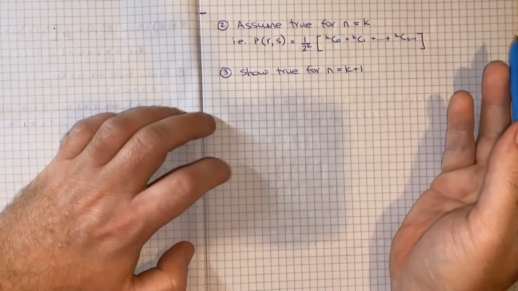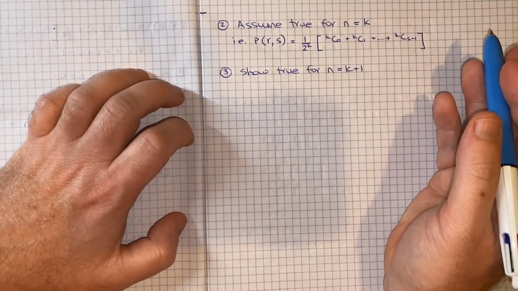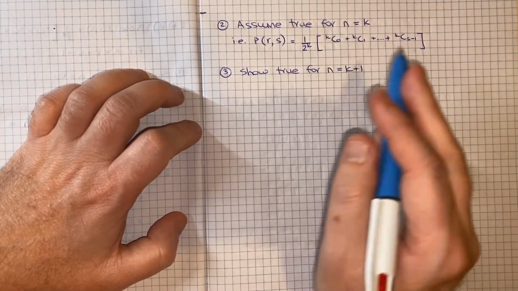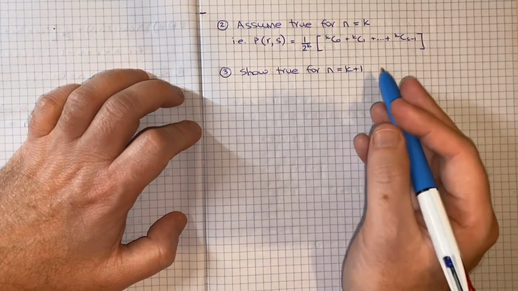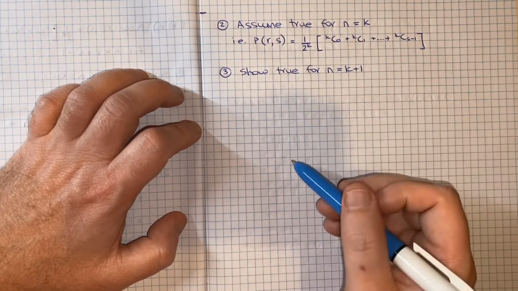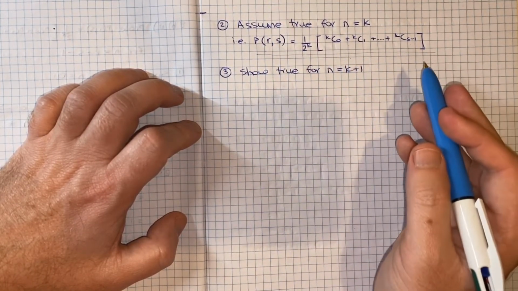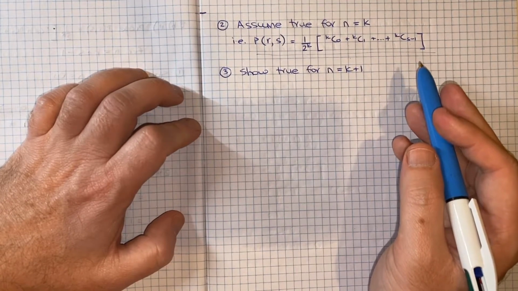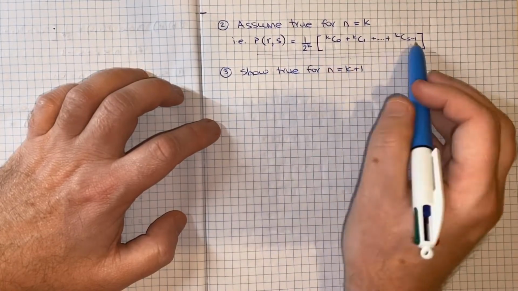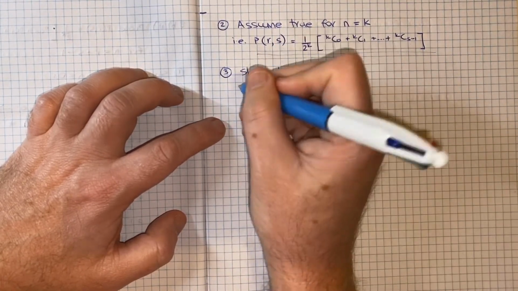And this is where the hard work typically comes with any induction question. Just like with step 1, we want to show that the left-hand side will be equal to the right-hand side. And we're going to anticipate that in that process, we're going to make use of this assumption. And that's going to get us through the induction. I think in this case, it might be easier to just start with the right-hand side and throw in a k plus 1, because that's going to be simple enough.